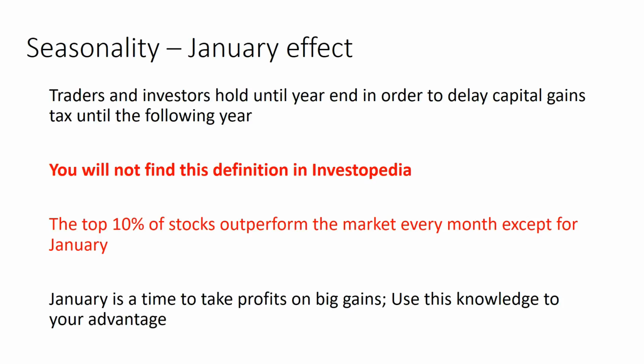And you're not going to find this if you just look online at the January effect. This is not what the January effect says in Investopedia. You're going to find a lot of, I wouldn't say misinformation, but maybe Investopedia had good intentions, but the road to hell was paved with good intentions.